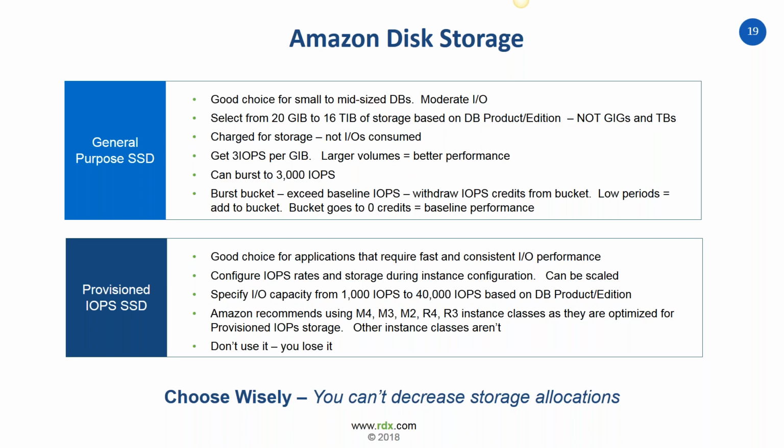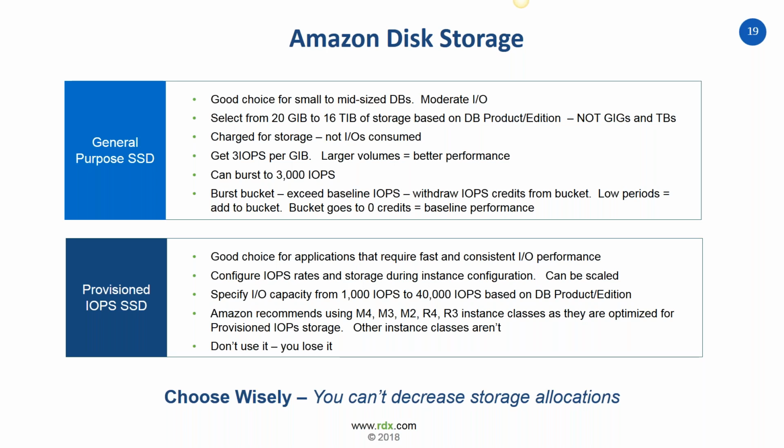Here's why. That's because Amazon provides a reserve burst balance of 3,000 IOPS, which they describe as a burst bucket. That's a good way to describe it. When you create your instance, Amazon gives you 5.4 million I/O credits in your burst bucket. That gives you 3,000 IOPS for a 30-minute burst.